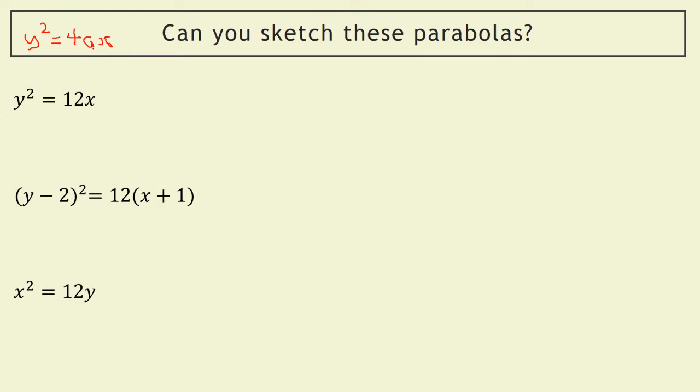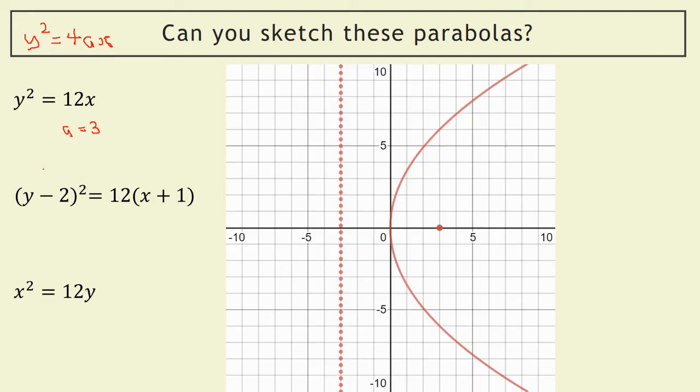So for this one my a value is 3. My focus will be at (3, 0), and my directrix will be x equals minus 3. So we should have vertex at the origin, focus (3, 0), directrix x equals minus 3, and something that looks a bit like that.